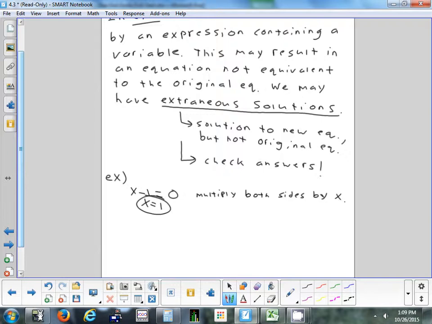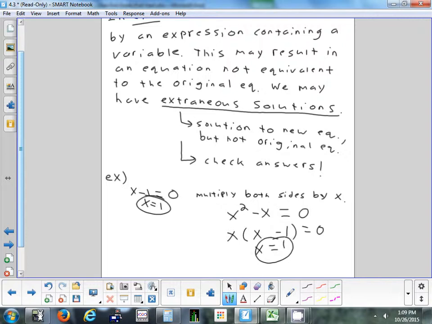I would get x squared minus x equals 0. Now on the left side, I could factor out an x and write it as x times (x minus 1) equals 0. And now I still get x equals 1 as a solution.